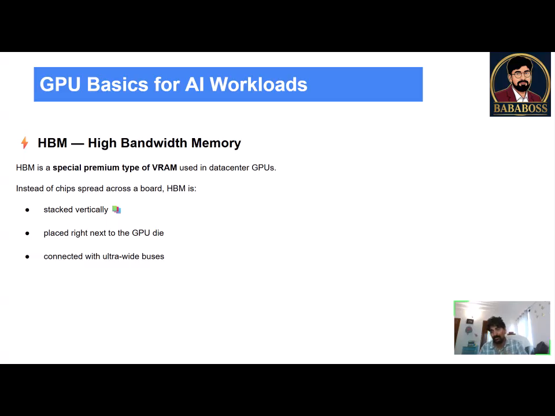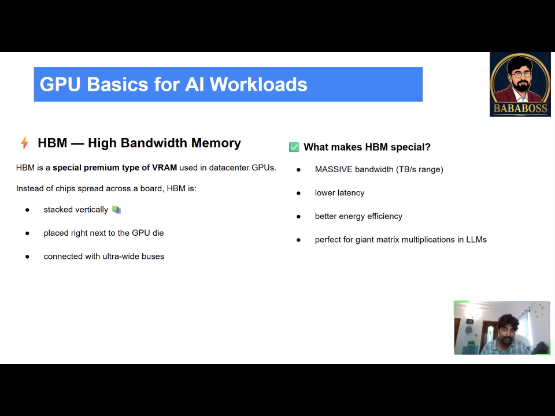I'm talking about hardware: how it is stacked together and connected with ultra wide buses, so it can access memory widely for your high speed data flow. Why does it matter? Where there is massive bandwidth demand, you may have VRAM of 100, 200, 500 GB, but you need it in terabytes per second, so you need this stacked memory, the high bandwidth memory.